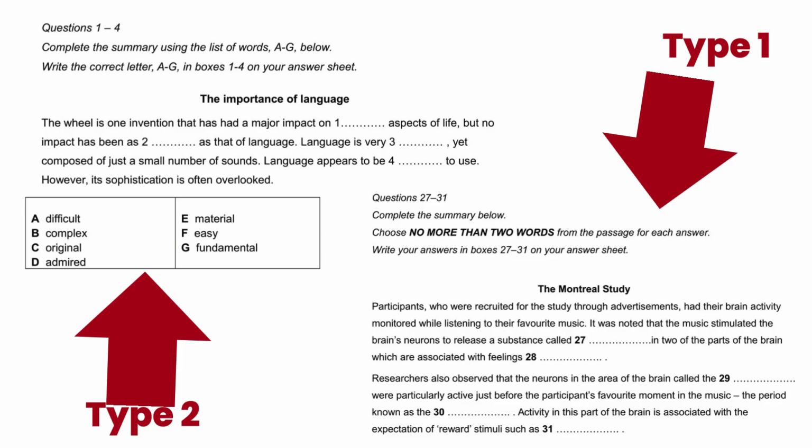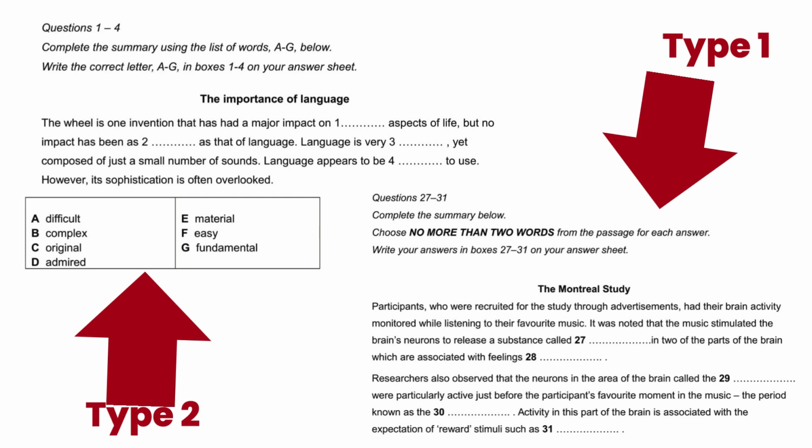All right. So here you can see the different types of gap filling questions. Look at type one. That's a very common type. This one is called a summary completion question. So my job is to pick one word or two words from the passage to fill these gaps, to fill gap 27, gap 28, gap 29, gap 30, and gap 31.